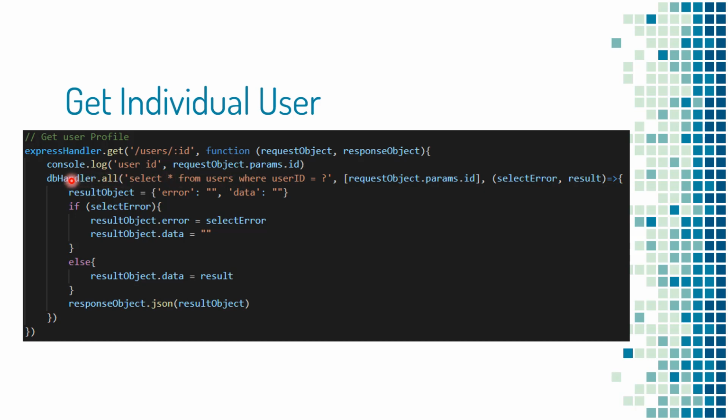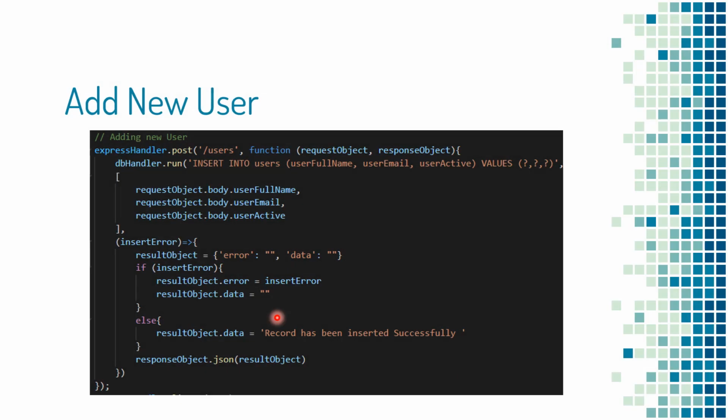Okay, and you will do the same thing here. You will select from the users where user ID is the passed ID here. And as you can see, request params ID is the parameter that's going to be bound to the placeholder here. And as you can see, the output of this API is always going to be JSON in this case.